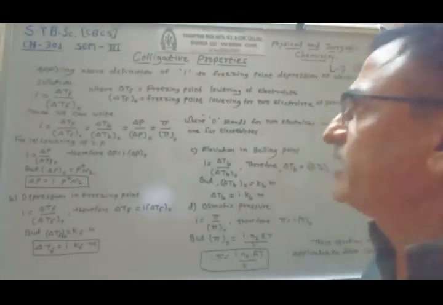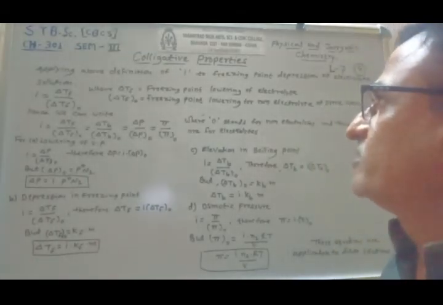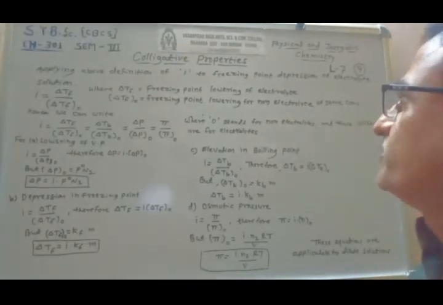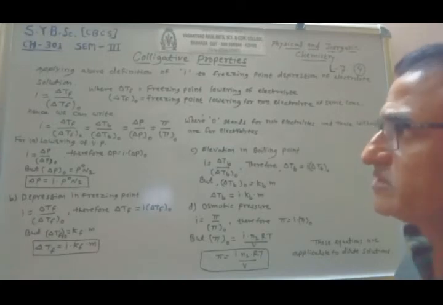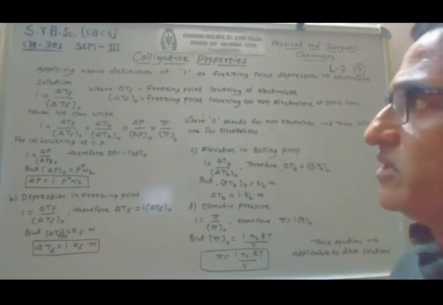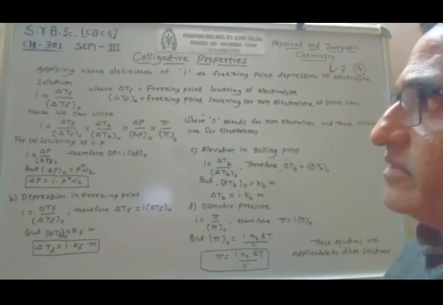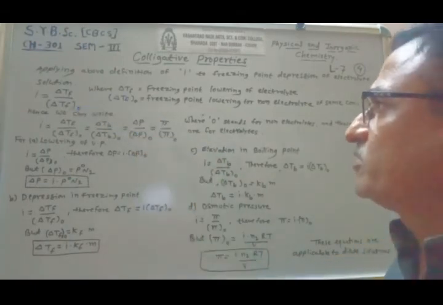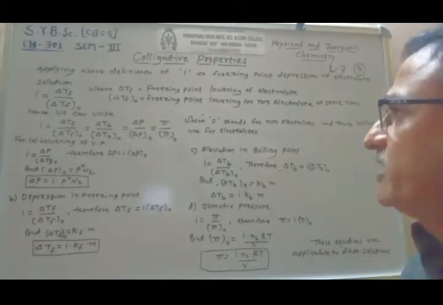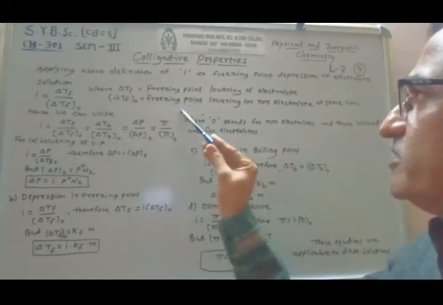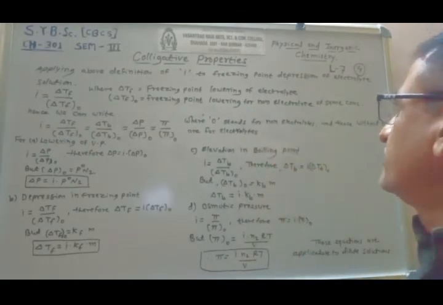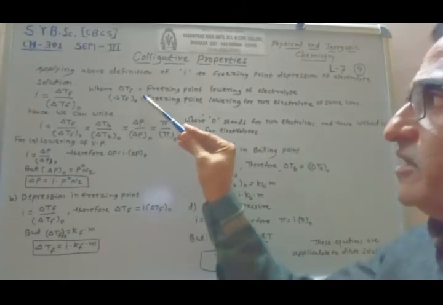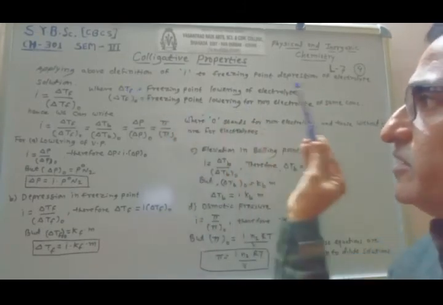Now applying the above definition of i to the freezing point depression of electrolytes, i is equal to delta Tf divided by delta Tf0, where delta Tf is the freezing point lowering of electrolyte and delta Tf0 is the freezing point lowering for non-electrolyte of the same concentration. So here 0 is for non-electrolyte, and where there is no 0, it is for electrolyte.